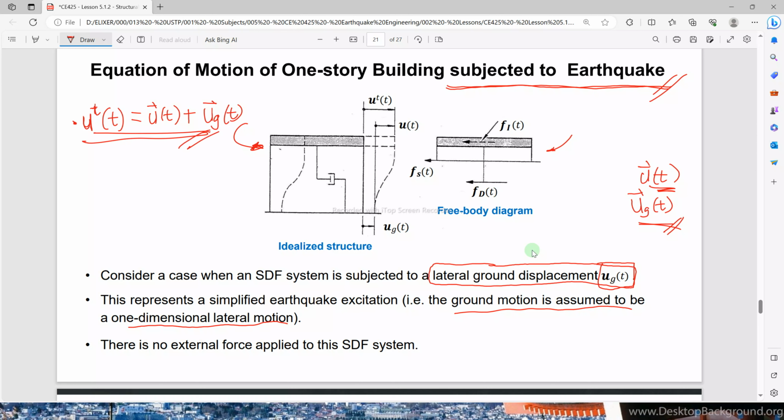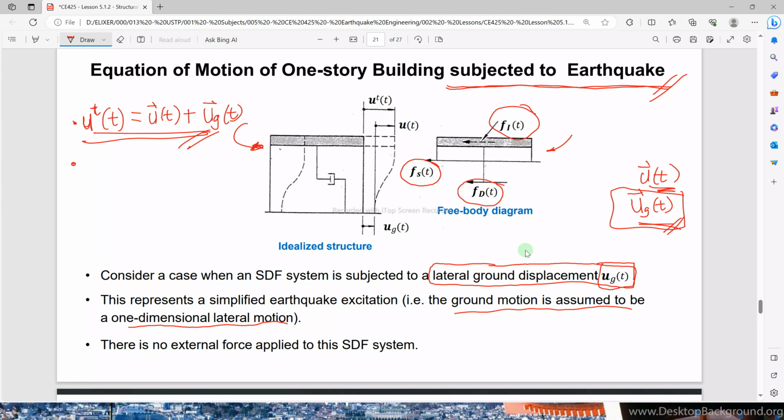Same as before, we still have the elastic restoring force fs(t), the damping force fd(t) and the inertial force fi(t). But there is no applied dynamic force or external force, so it is not considered, but we add ug(t).